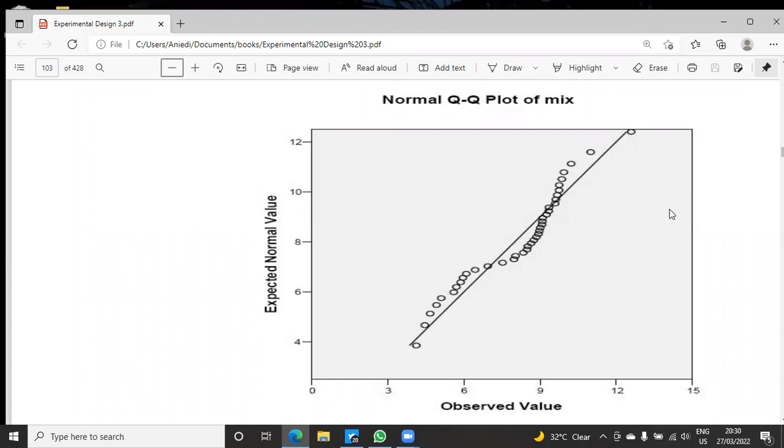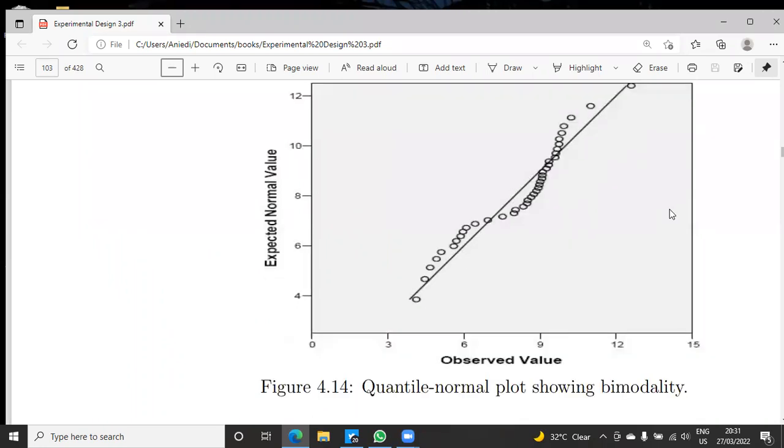To check if they are from the same distribution, you can use this quantile plot. You can just run the analysis on your computer. You don't need to do the calculations by hand.